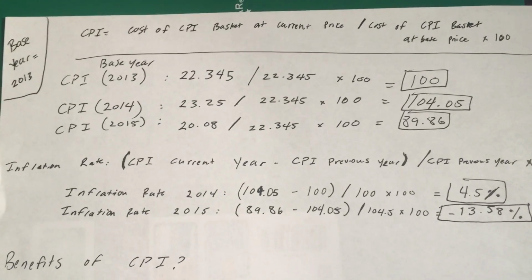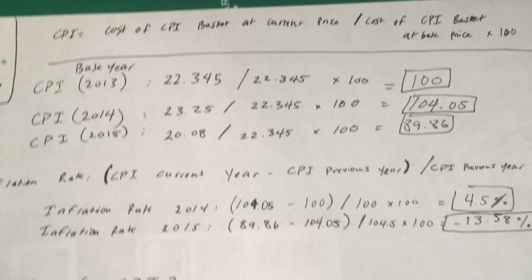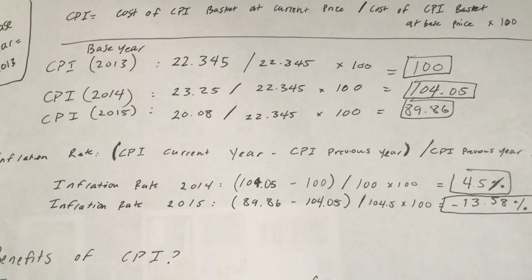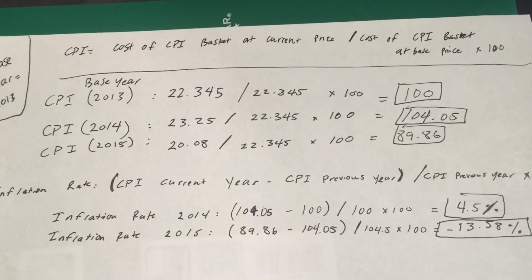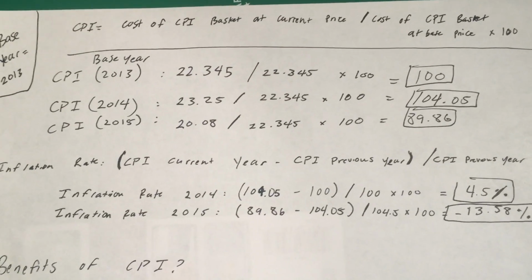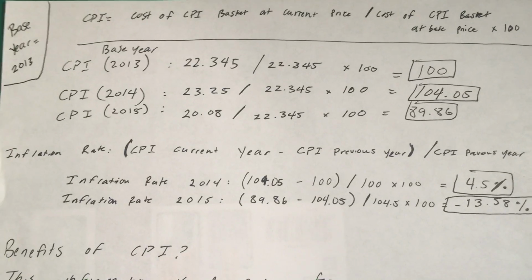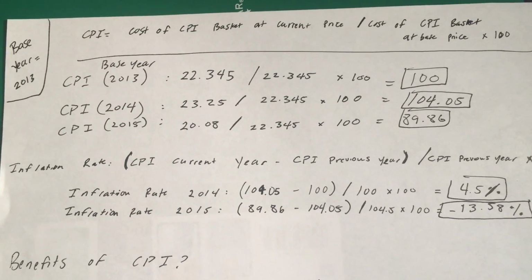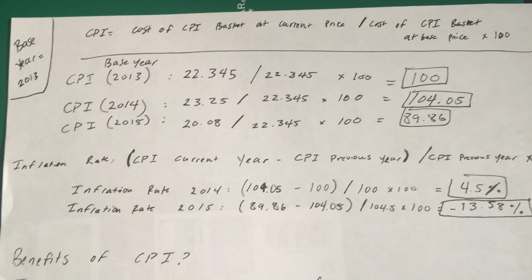So we had to start at 2014, and I got 104.05 subtracted by 100, which was the base year price, and then I divided by 100, multiplied by 100, which gave me 4.5% as the inflation rate for 2014.